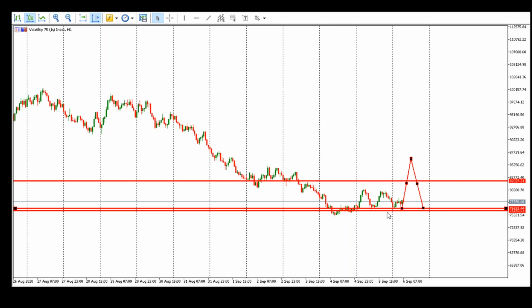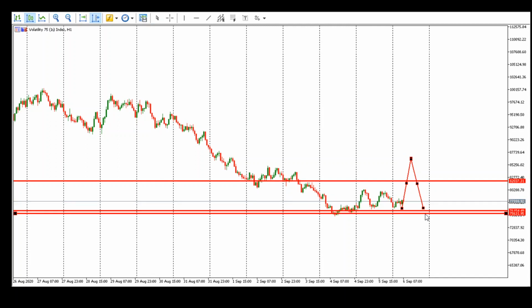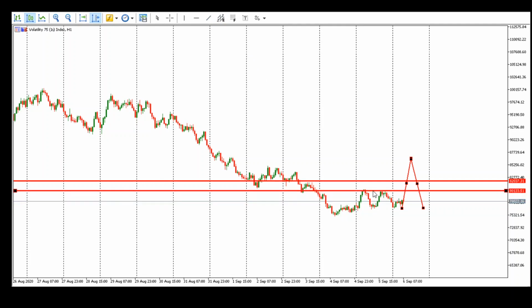Then you know that now they create this, it is like a shoulder, and this is the head now. So you wait until they break this neck level. Because they can break this monthly level, but they will bounce here. If you see that there is a rejection, then it will be the continuation.